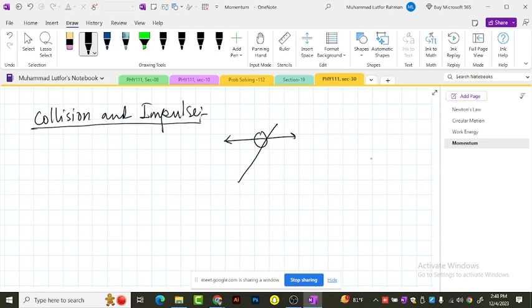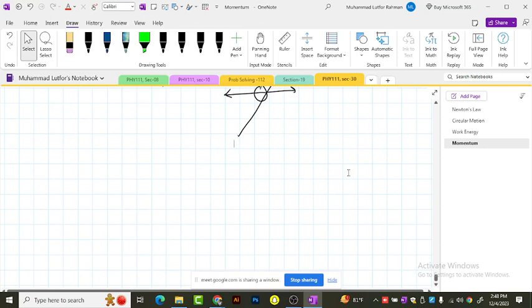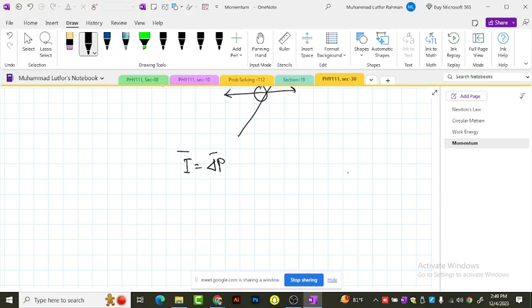You can also say that a baseball hit is an example of impulse. So when a huge amount of force acts for a very short amount of time, the system changes its momentum, and this change of momentum is the impulse of the system. We can say impulse is simply the change of momentum of a system. To change the momentum of a system, you have to apply a net external force, which is the force applied by the player on the ball.